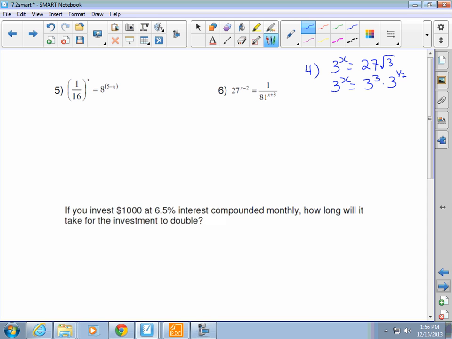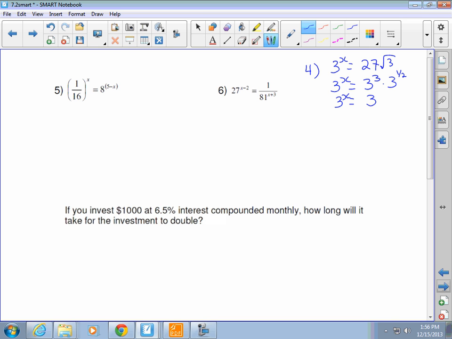So what I have then is 3x is equal to, and since these are both the same bases, then I'm multiplying two of them together. So my rule is for product of powers, where it's up on the board here. When you have the same bases and you're multiplying together, then you add your exponents.